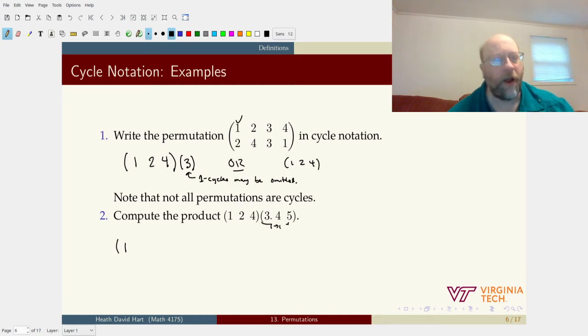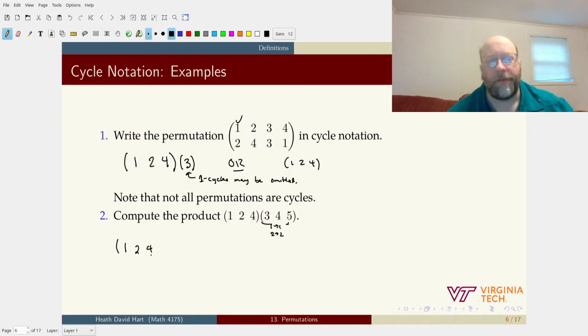Again, we start on the right, but then this function takes 1 to 2. So 1 goes to 2. So then we look to see what happens to 2. This function still does nothing to 2, so 2 goes to 2. But then this function takes 2 and sends it to 4.